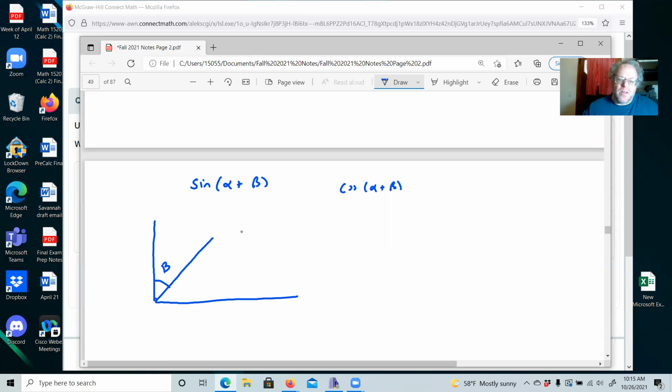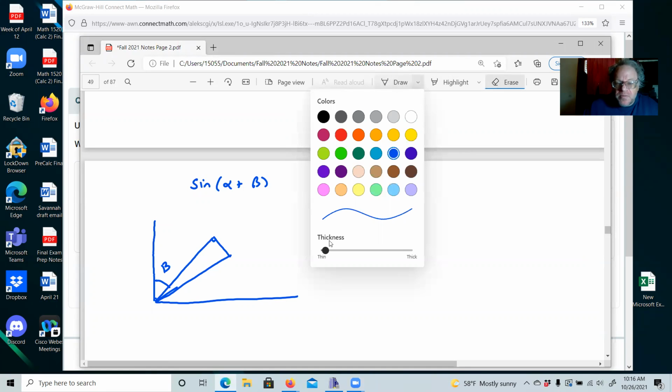And we're going to draw another line here. I'm going to make this a perpendicular line. And this is my angle alpha. What I should do is I should do this. So bear with me. Sorry.